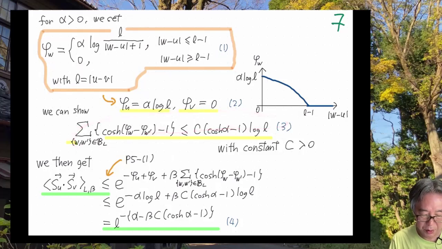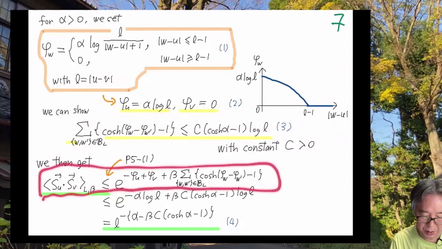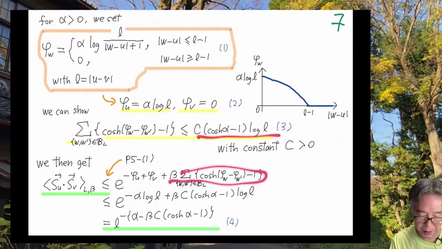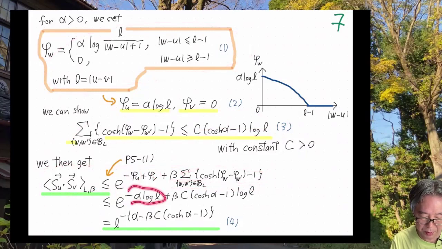Then what you find is that this is a basic inequality proved by Maclaurin-Spencer, and then we just substitute this here. Since v is 0, we only have this. This is upper bounded by this. This part is negative, and this part is of course positive.